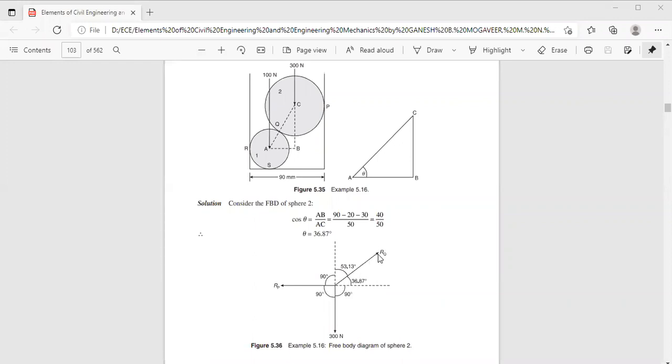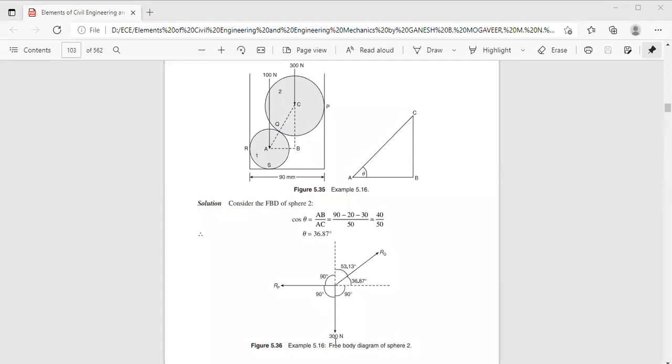Now this is RQ, and this angle is 36.87, and the angle between RQ and the 300 Newton force is 90 plus 36.87, that is 126.87. The angle between RP and 300 Newton is 90 degrees. And the angle between RP and RQ is 90 plus 53.13.